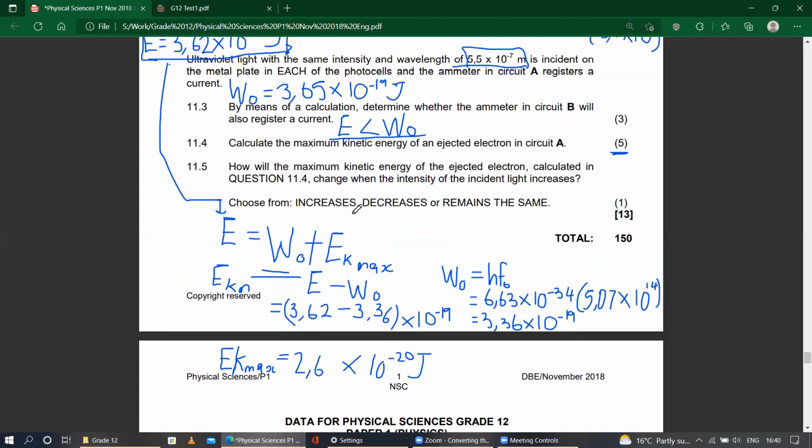Okay. So now they're asking, how will the maximum kinetic energy of the ejected electron calculated in 11.4 change if the intensity of the light is increased? Will it increase, decrease, or remain the same?